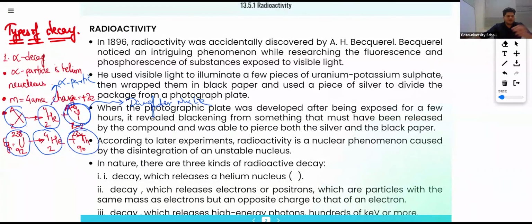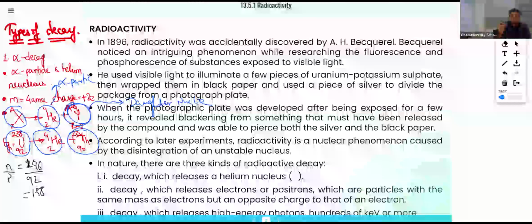The first type means alpha decay. Why is this decay happening? See, we'll take the neutron to proton ratio. Before this, it will be 146 to 92, which is 1.58. This is not stable. There will be some fluctuation.